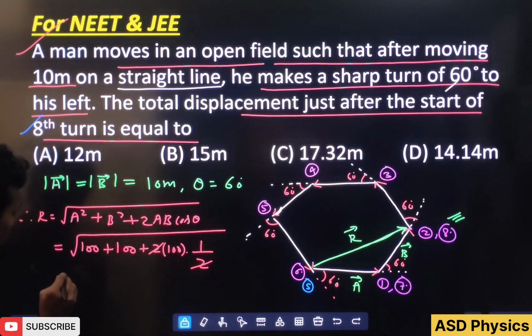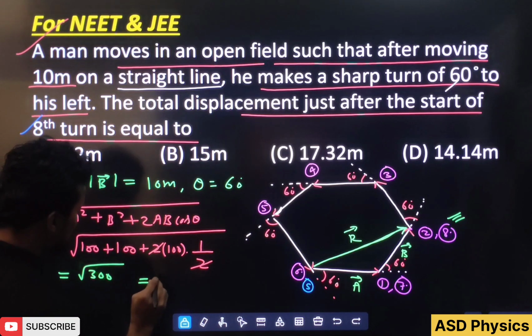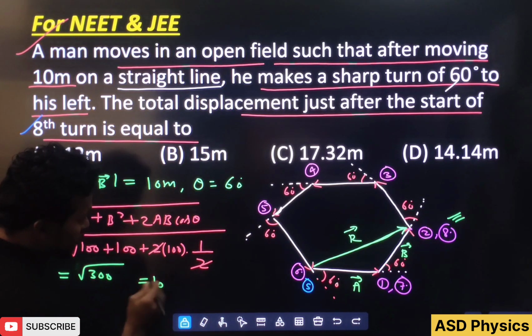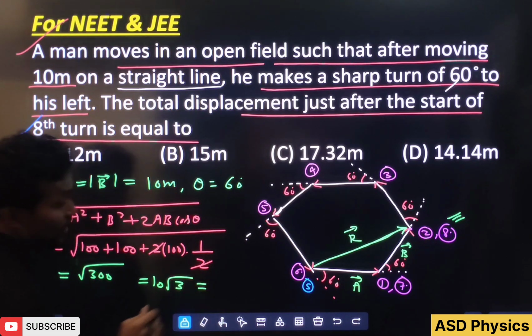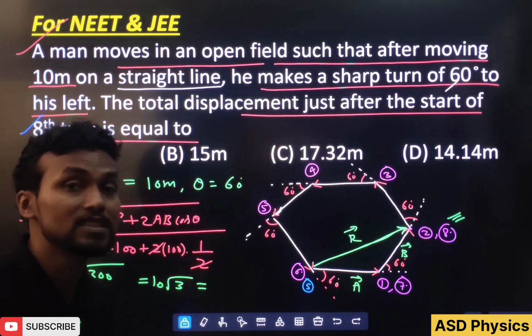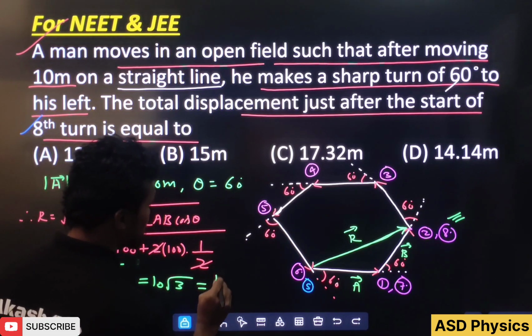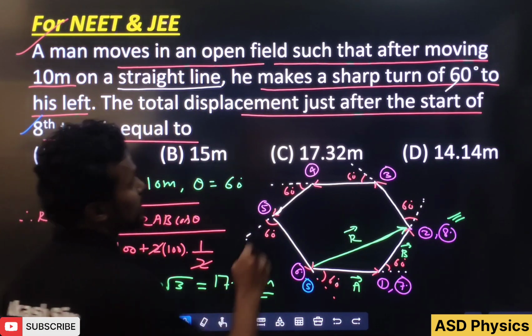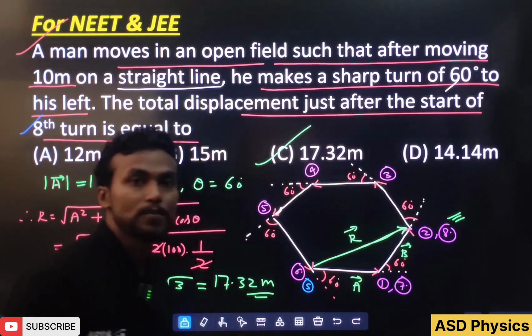After that what will this become here? 100 plus 100 plus 100, how much coming? 300. When we simplify this more, it becomes root of 300, and the 100 will come outside the root. So square root of 100 outside means 10, 10 root 3. Value of root 3 is 1.732 multiplied with 10. So the answer will come 17.32 meter. That means the correct answer is option C.